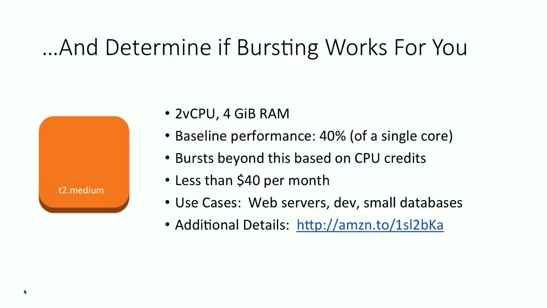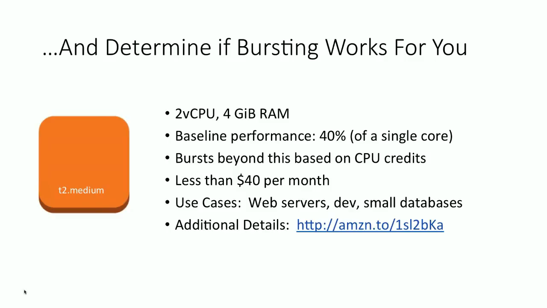The way T2 differs is that we still give you a specific amount of memory based on the instance type, and we don't overcommit that memory. It is for your exclusive use in that instance. But the CPU itself is capable of bursting. Based on the T2 instance type you deploy, you'll get a baseline amount of CPU, but for a certain period of time, when you have CPU credits, you can burst or exceed that allocation of CPU.